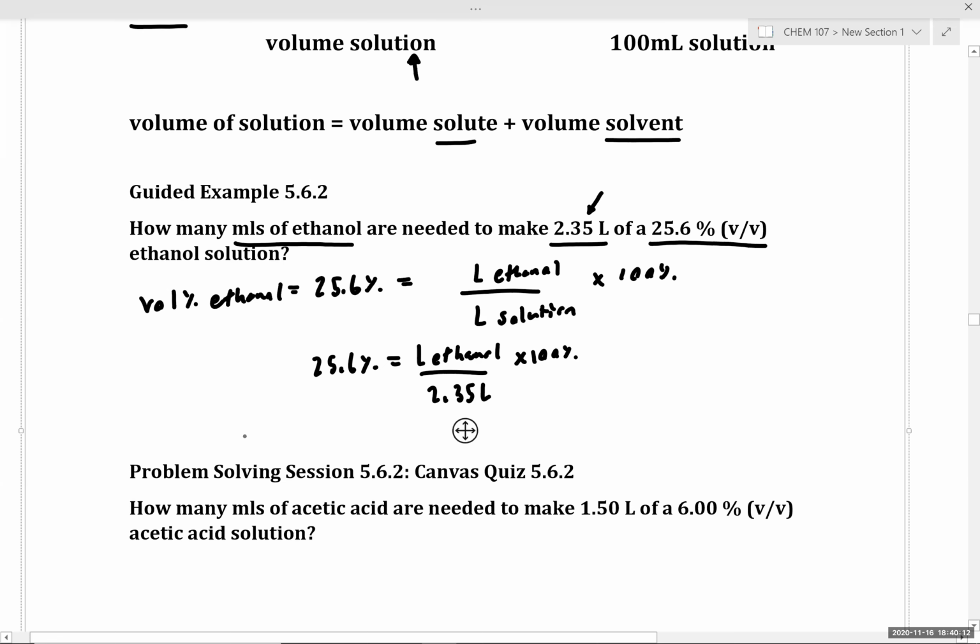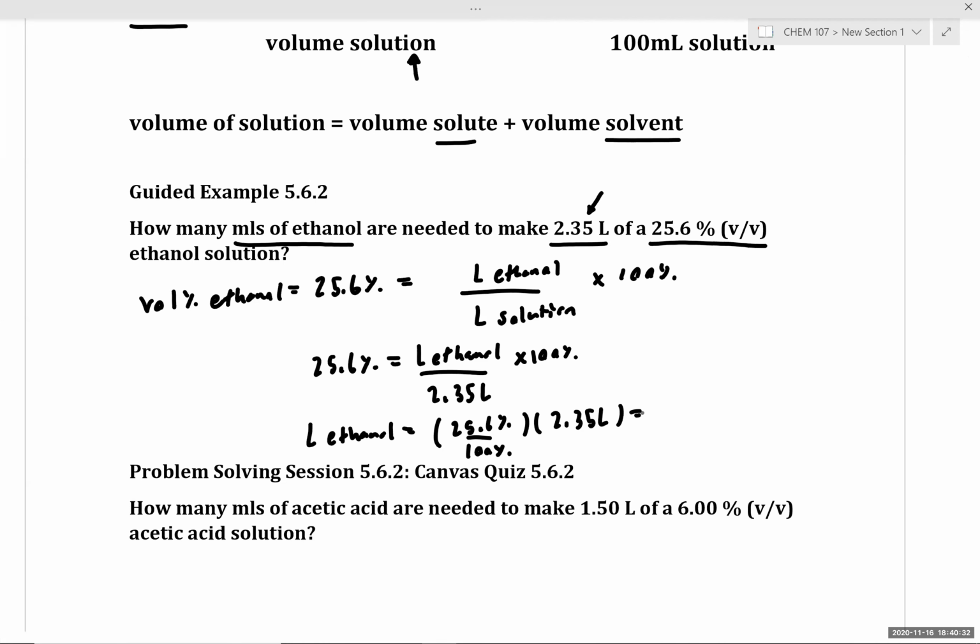So after solving, the liters of ethanol are equal to 25.6% over 100% times 2.35 liters, which gives us 25.6 over 100 times 2.35, which is 0.6016 liters.